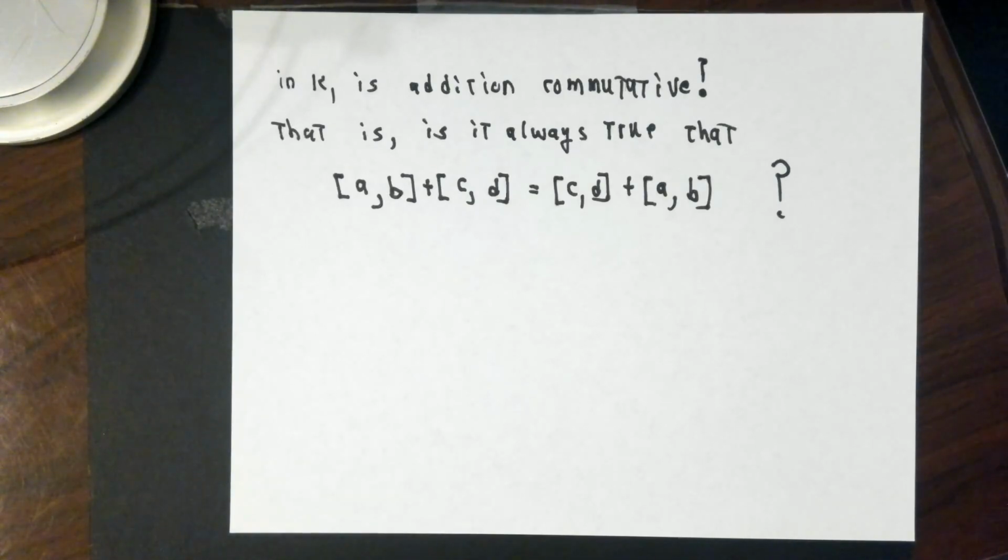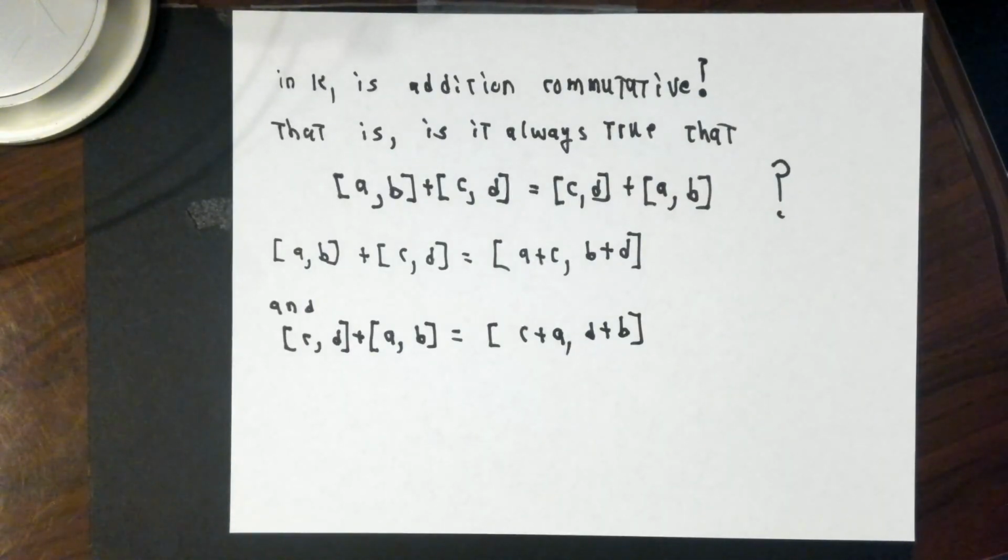At first glance, this seems like a silly thing to check, but these are new objects that we're messing with, and it's not completely clear that this should be true. I can use the definition of addition to actually write out the two sums that I'm interested in.